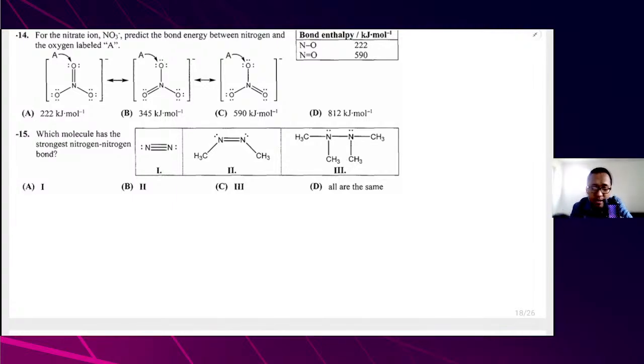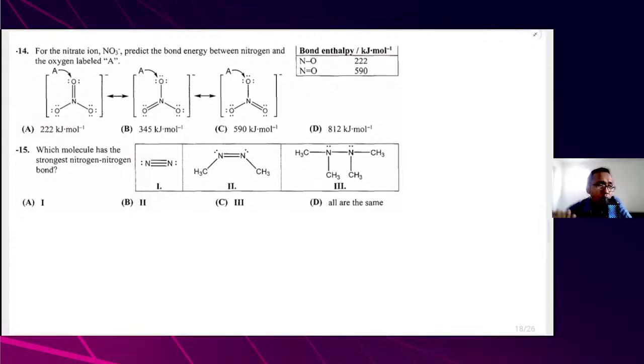So now, guys, the bond order for each NO. Take a look at the first one, which is double, and then the second one is single, and the third one is also single.